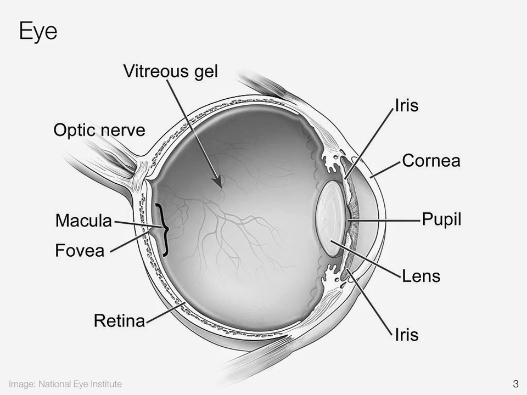So the optic nerve is the part that transmits visual information to the brain. The macula is the area which forms the center of the retina and is specialized for high acuity vision. So this is where we have the highest resolution, the highest detail in our visual perception. And this is also where we have the highest density of cones.